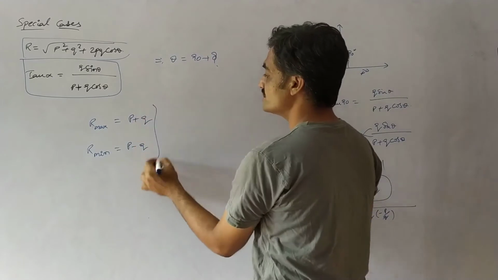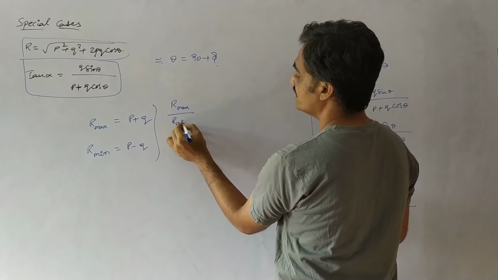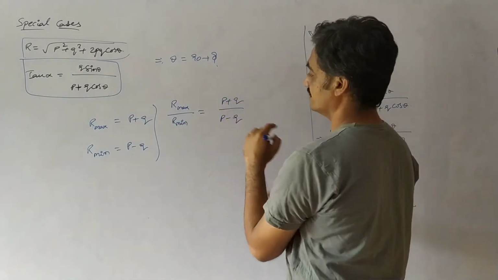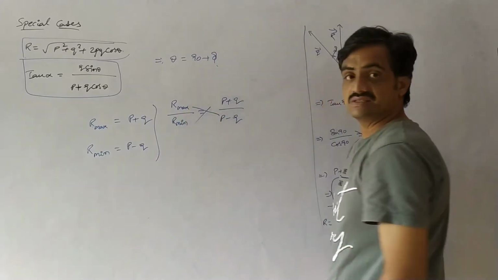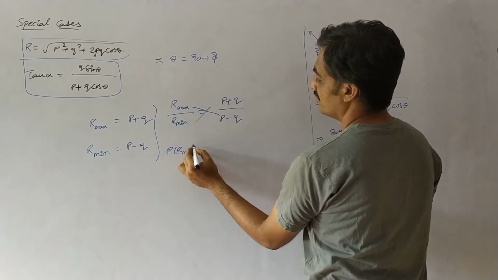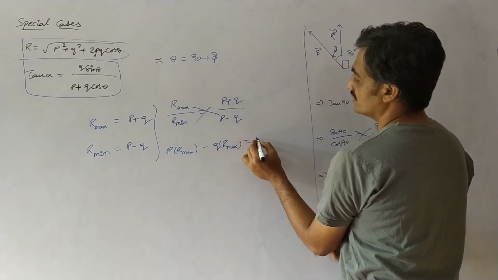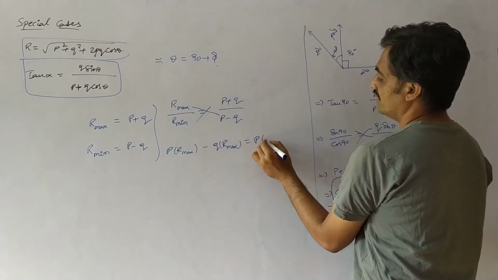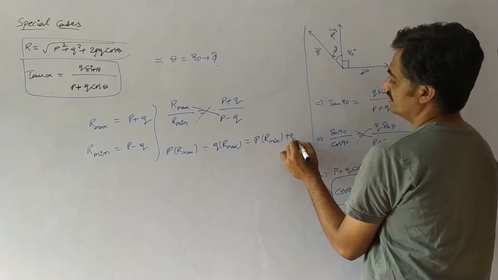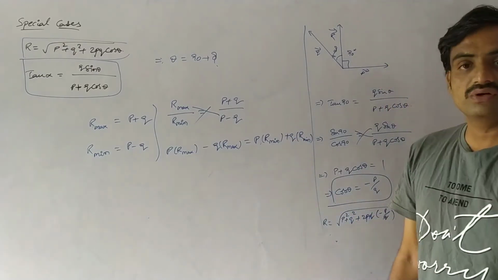So if we divide these two equations, we have R max by R min equals P plus Q by P minus Q. If we cross multiply this equation, we have P into R max minus Q into R max equals P into R min plus Q into R min.